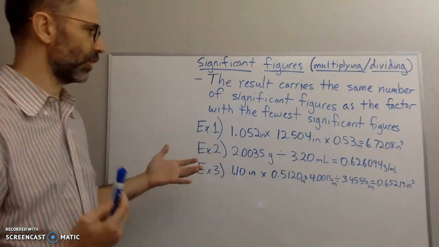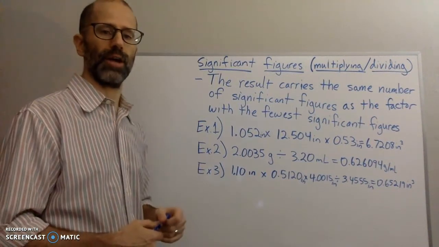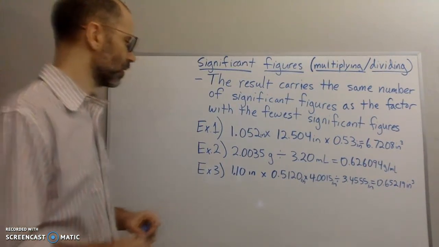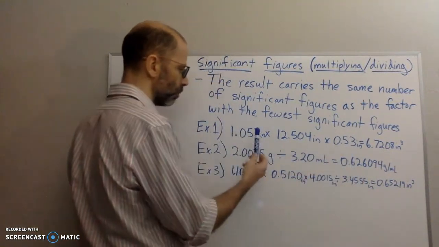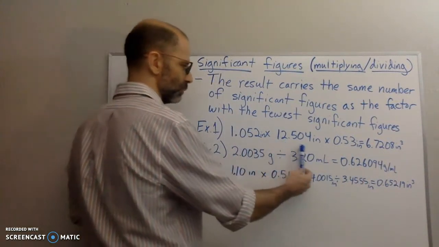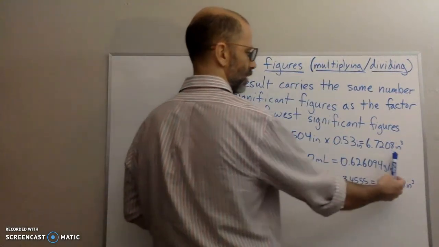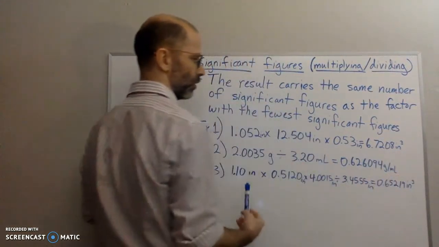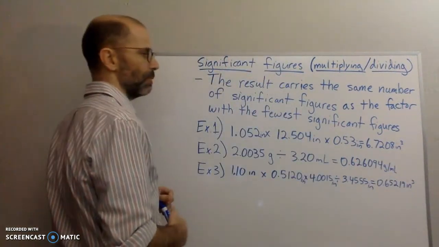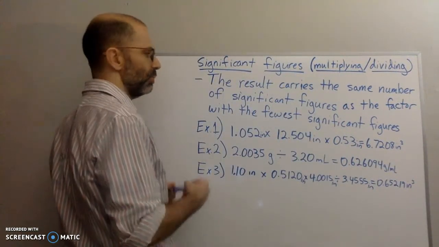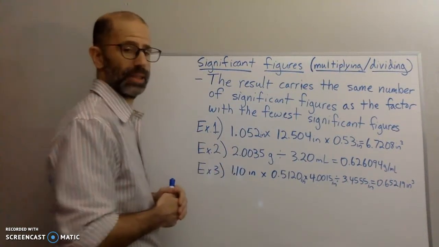So let the calculator do its work, and then you have to figure out how many digits to keep. You punch these numbers into your calculator, you're multiplying this many inches with this many inches with this many inches, and you get this on your calculator. It's a volume, inches cubed. And so now you have to figure out how many digits to keep.